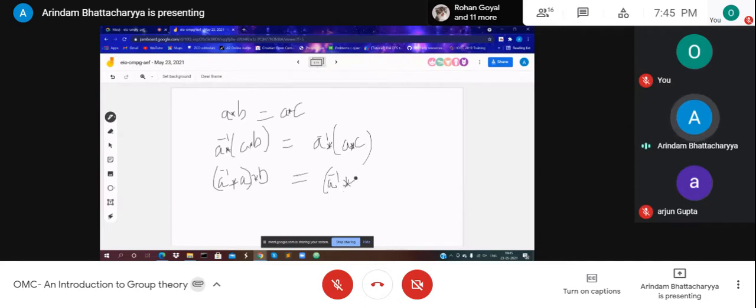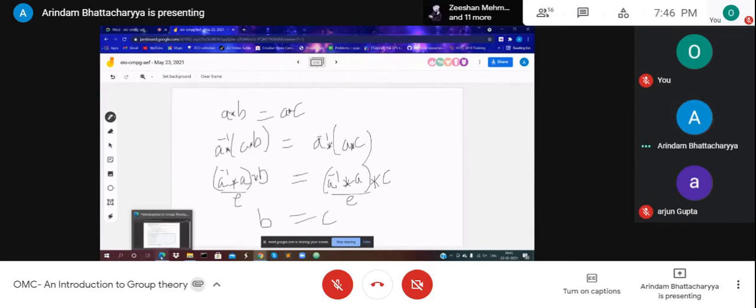I know these are boring details, but I just want to make sure that these are clear. Right, and then you get this is identity, this is identity. So identity times B is B, and identity times C is C. Any doubts in this? No, not at all.